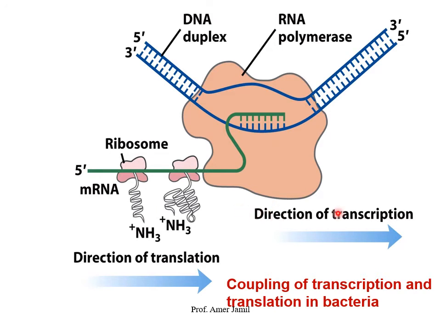So this is the direction of transcription, and this is the same as the direction of translation. So both processes are going simultaneously. This is called coupling of transcription and translation in case of bacteria, which is not possible in eukaryotes because of the different compartments.